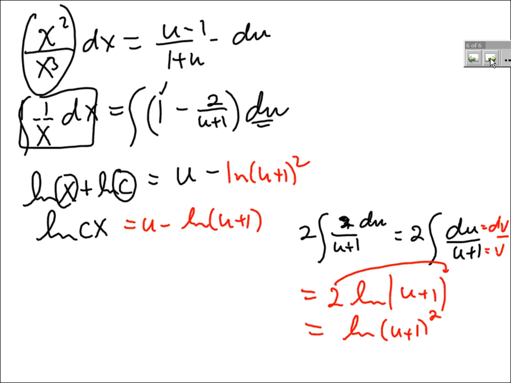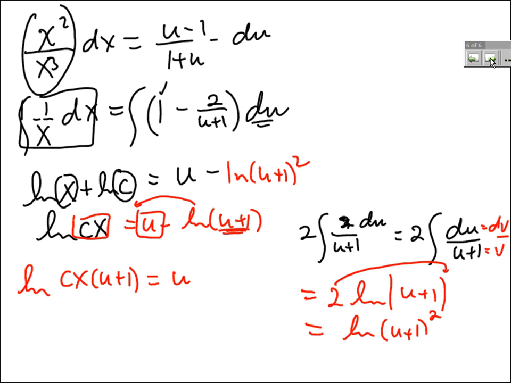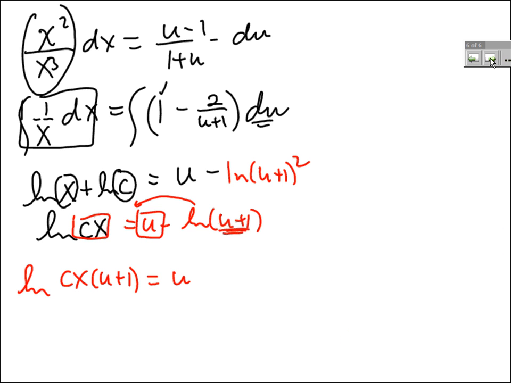And I will bring this to the other side as plus. So I have ln of this plus ln of that. So I'll have ln of the product. And it still equals the u. Now, we're going to substitute back.